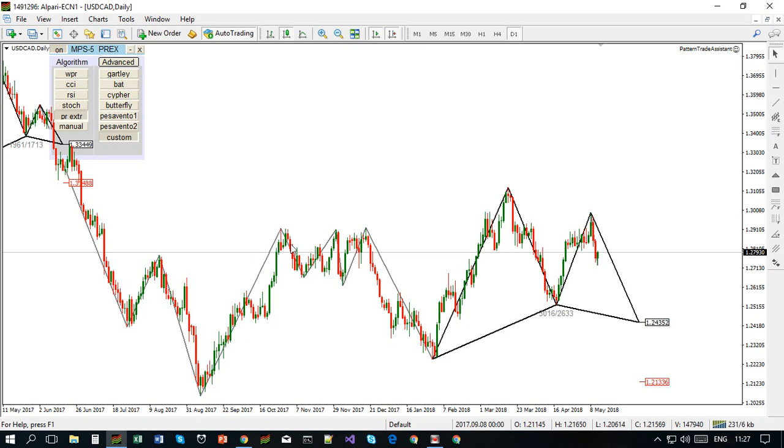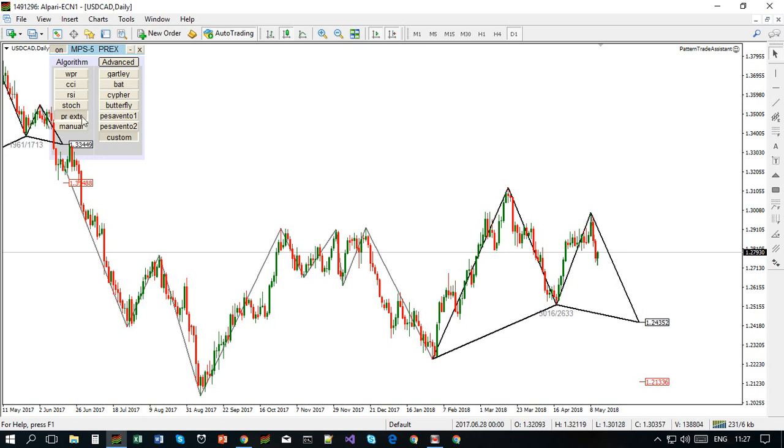I also enabled the zigzagging, so it tells me if I have one movement or two movements. It is very important in the C to D leg movements. If the algorithm switches to the upside and then switches to the downside, then the pattern will be invalidated.